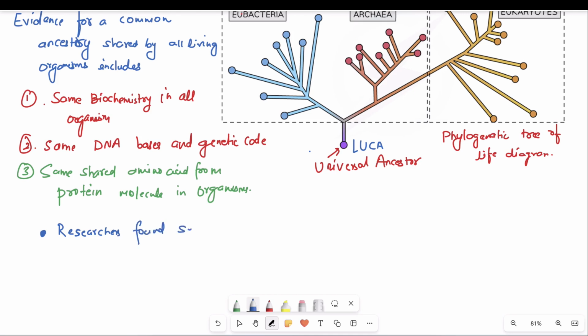So we can say researchers found several genes that are shared by eubacteria and archaebacteria. And what it indicates?